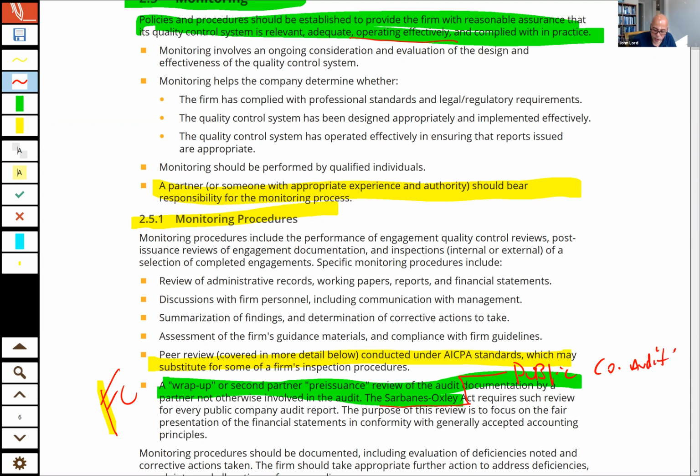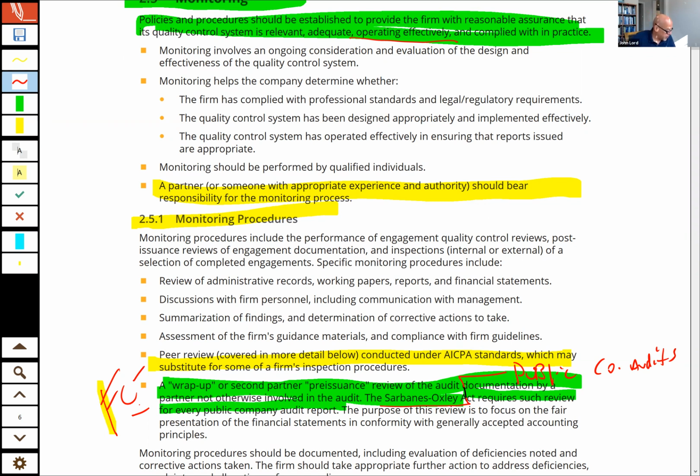Under Sarbanes-Oxley, for public companies, there has to be a second partner pre-issuance review on every engagement. That means that before the report can be issued, a second partner has to look at that before it actually gets released. And that was something that came under the Sarbanes-Oxley Act, and therefore pertains to public companies.